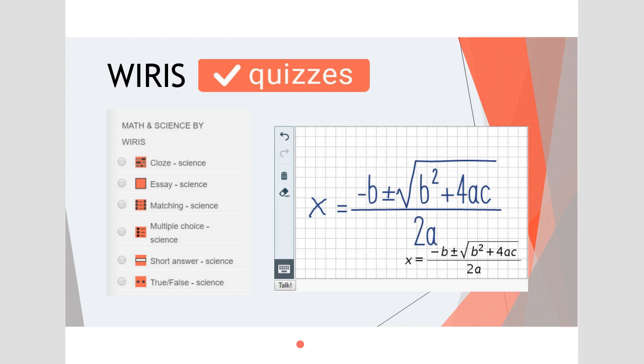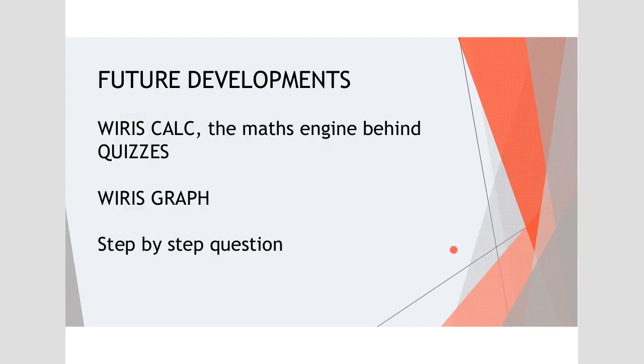For example, auto grading, random parameters inside the questions, and the possibility to handwrite your answers, the students' answers. I'm going to show you that too. And for the future, we have some developments like more responsive graphics, and a calculator that will be integrated into Moodle as well.